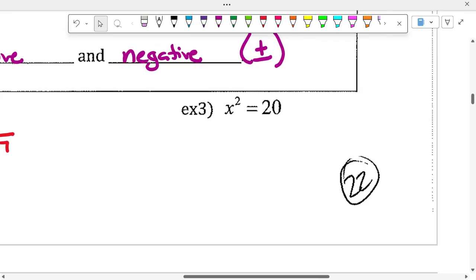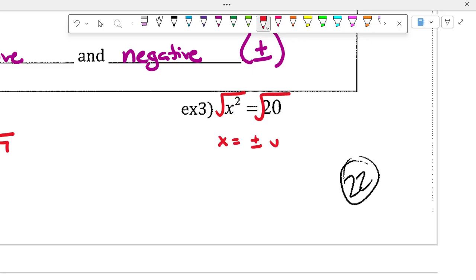All right, this last one, what do I do? Square root it. So I have x is equal to plus or minus the square root of 20. Now, 20 is not a perfect square, but can we simplify it? Yeah. So what is the perfect square factor in the square root of 20? 4. And 4 times what is 20? 5.